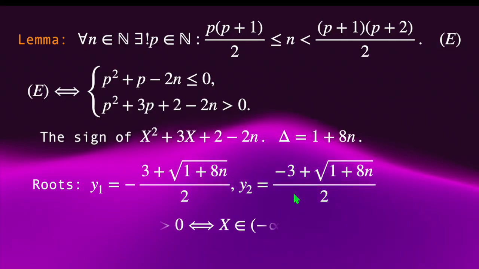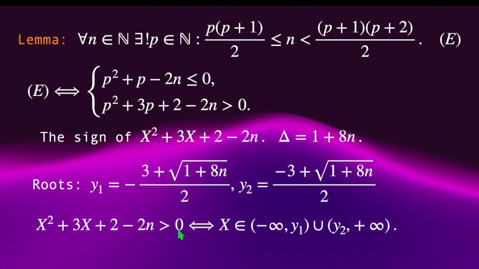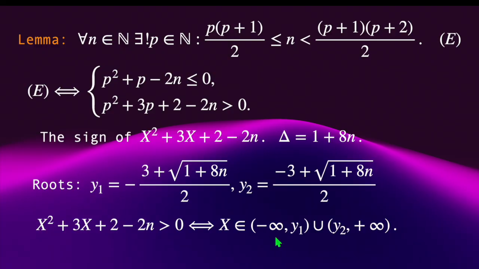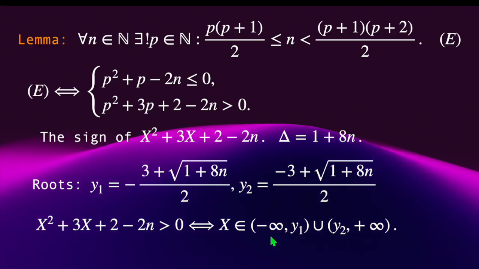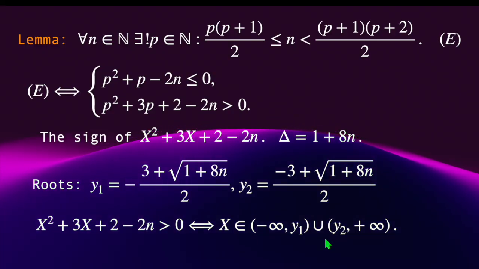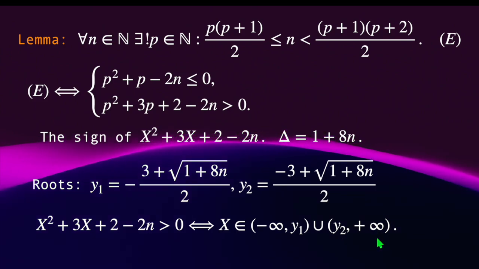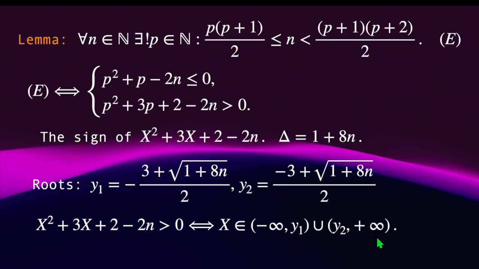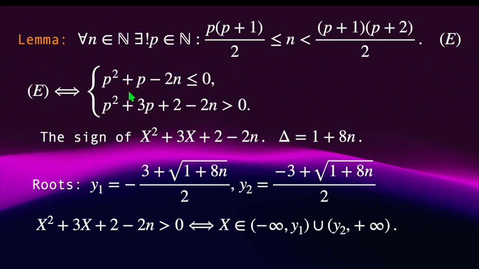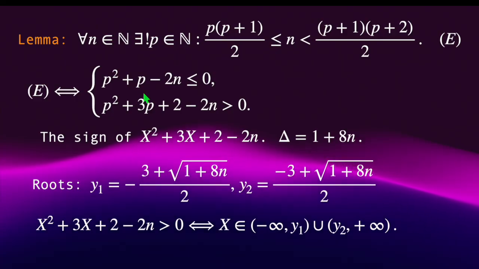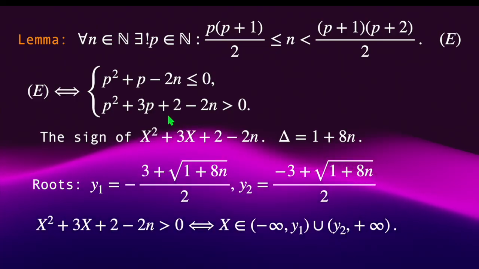And we have that this polynomial is positive if x is in between minus infinity and y1, union y2 and plus infinity.